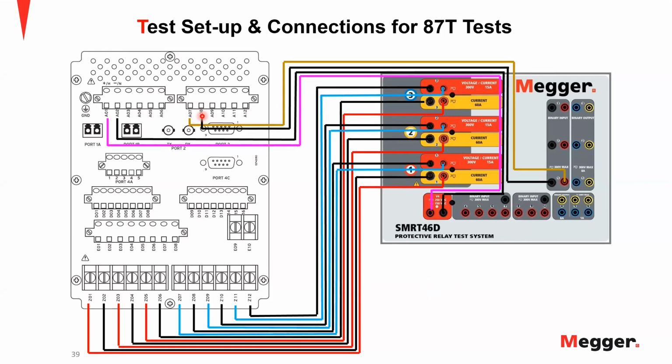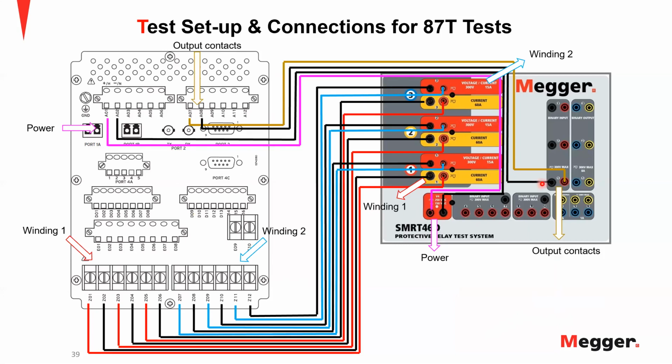So to quickly recap the connections, first I made my power connection, and then I made the winding 1 connection on the relay using the yellow colored current channels. Then I did my winding 2 connections using my red colored converted current channels. Finally, I utilized the binary input for the output contacts.